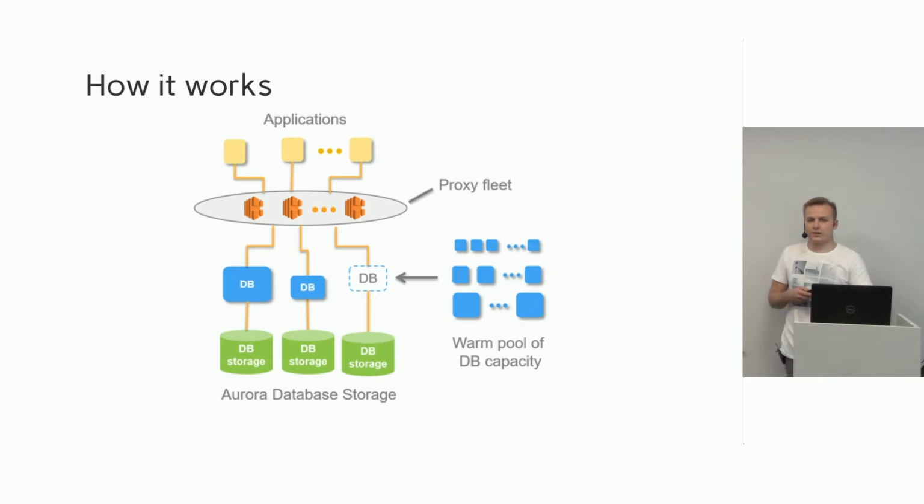And when the scaling happens, you don't need to worry about the client connections because the proxy fleet will do everything for you. So if Amazon removes a database capacity unit, the proxy fleet will redirect your connection to another database storage.